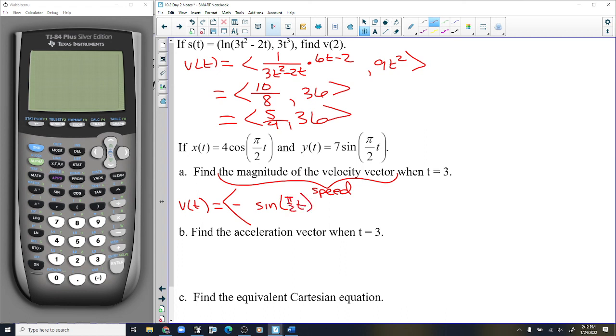But then if I multiply by pi over 2 times 4, isn't that 2 pi? Right? 4 over 2 is 2. Multiply by the derivative of the inside. And then we have cosine of pi over 2 t, right? But then multiply times the derivative of the inside, which is 7 pi over 2.